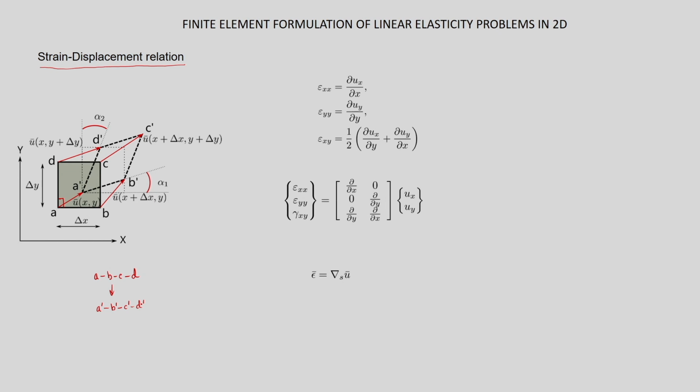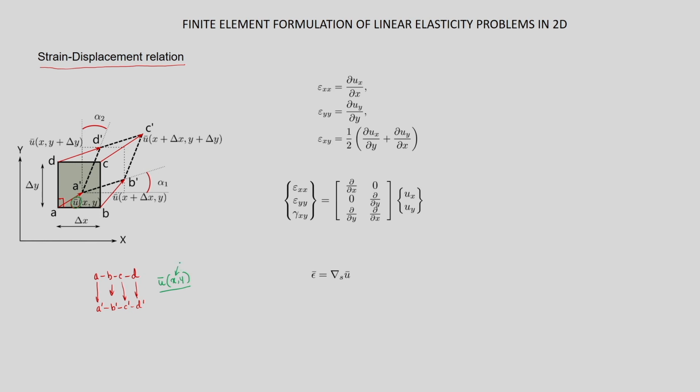Now the point A has moved to A prime, B has moved to B prime, C has moved to C prime, and so has D. So these displacements are shown by the vector u bar, as you can see here. u bar, which is a function of x and y, denotes the displacement of the point A, because in the initial configuration the coordinate of A is x comma y.